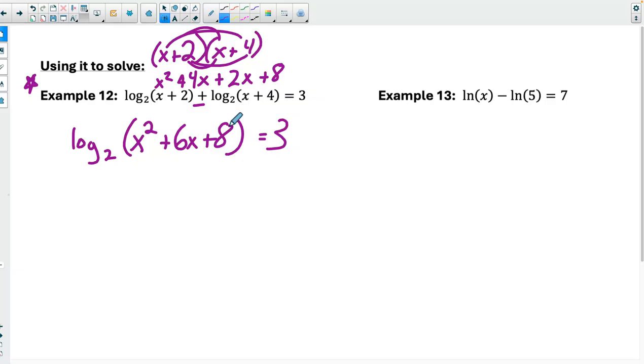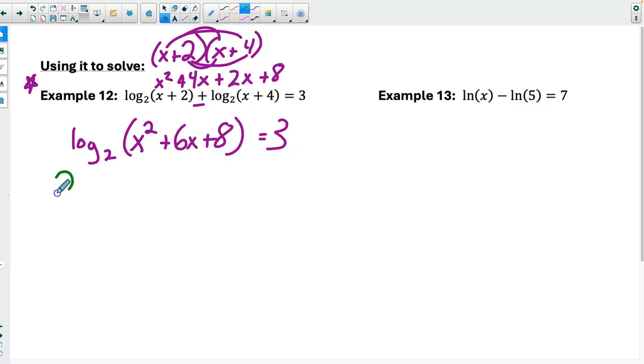Now, variables in my argument. So if my variable's in there, I need to change it to an exponential function. What operation is going to do that for me? What's the inverse operation that I can use? What number am I going to use? 2. Yeah, I have a base of 2. So Monday was all about that base.